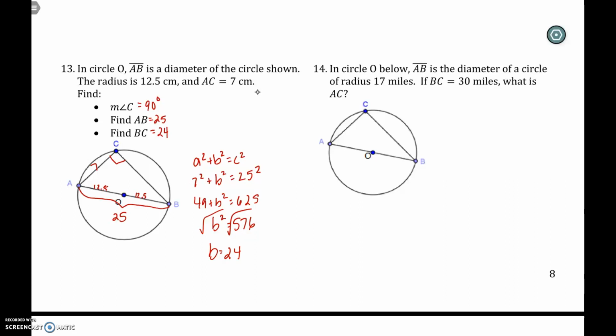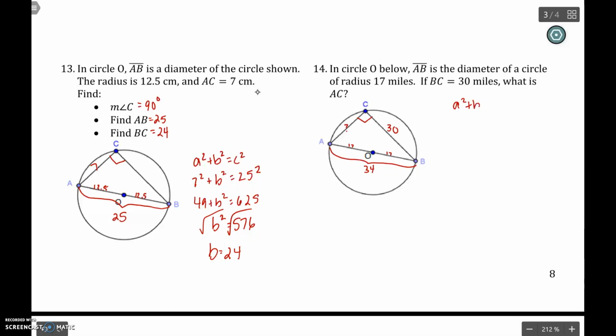All right, number 14 is similar. We have a diameter, so we have a right angle. It says that AB is the diameter of the circle with a radius of 17 miles. So I have 17 here and here, which means if I double that, I'm going to have 34 for AB. It says BC is 30 miles. What is AC? So we are looking for AC.